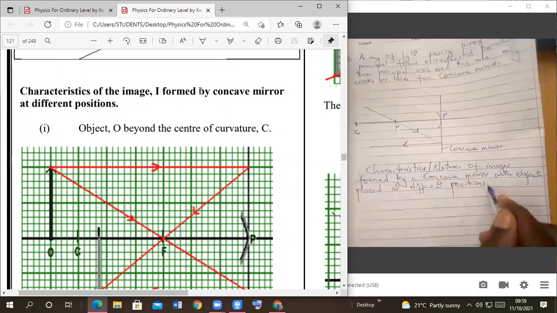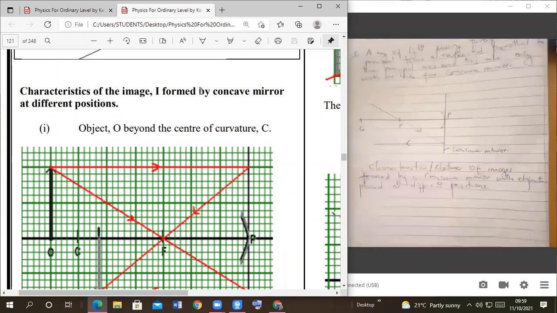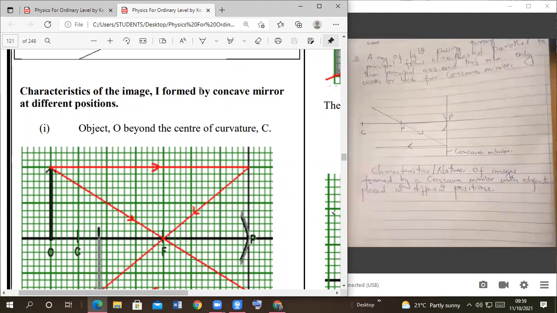At different what? Positions. So that's our heading. Characteristic or nature of images formed by a concave mirror when object is placed at different positions.